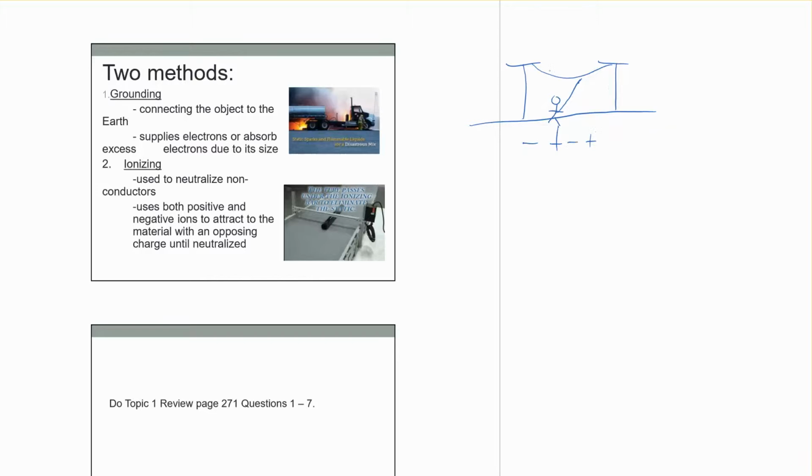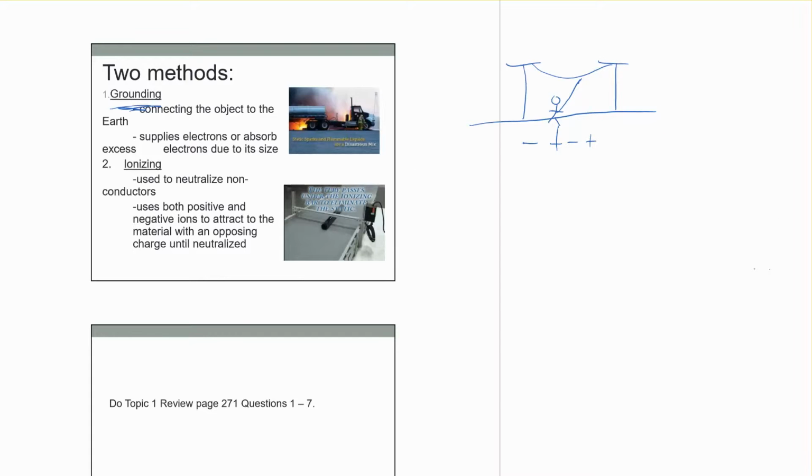So if I attach this really negative thing, the electrons are going to want to go to the ground. They want to even out, so they're going to come down here. That's what we call grounding. You can think about it as literally attaching it to the ground, so it can be absorbed into the whole sea of how neutral the Earth is, right?